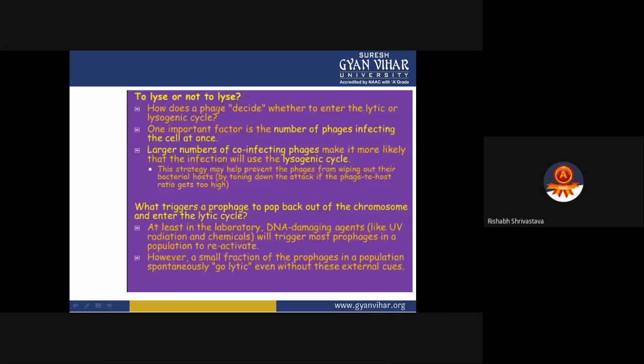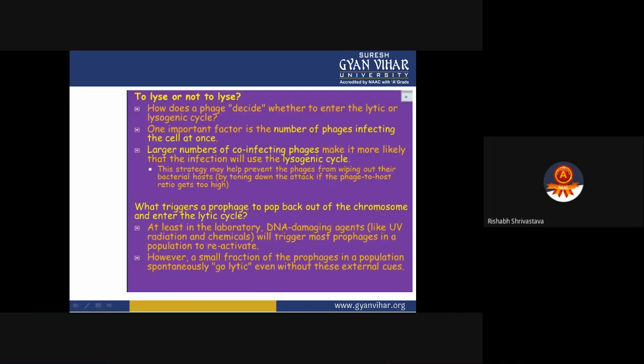To lyse or not to lyse is the question. How does a phage decide whether to lyse or not to lyse? How does it decide what stage to enter, lytic stage or lysogenic stage? One important factor is the number of phages infecting the cell at once.